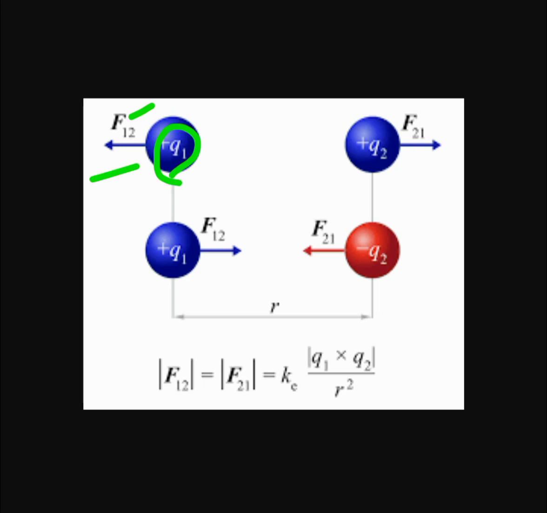Because they are like charges, they will repel each other. Similarly, force 2-1, that is force of charge 2 on charge Q1 would be F21, and it will be shown by the arrow.